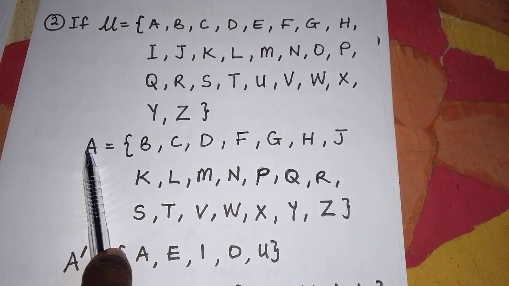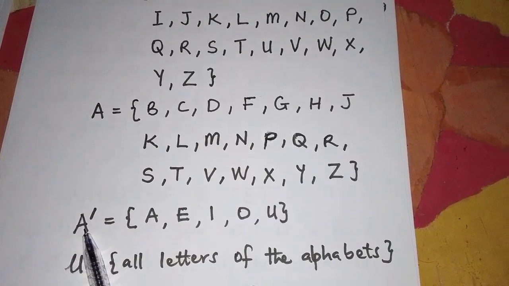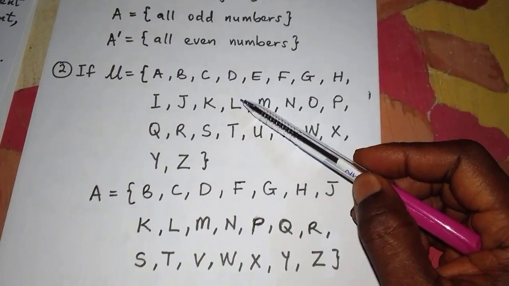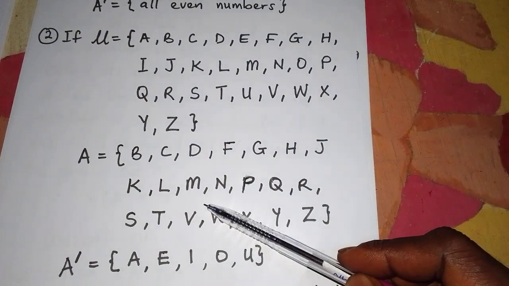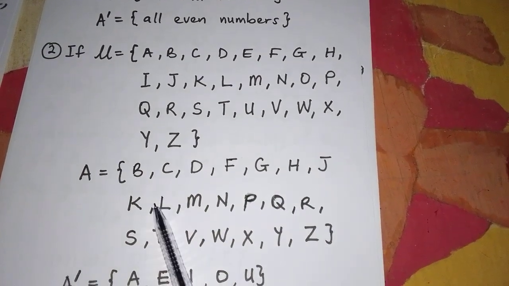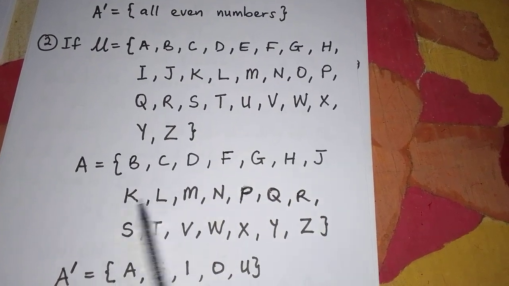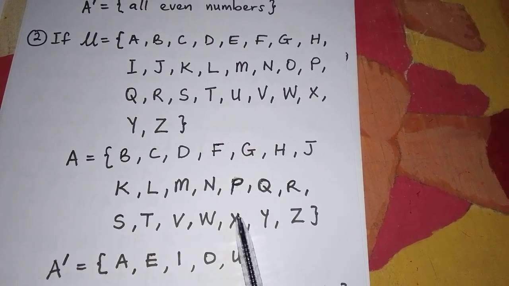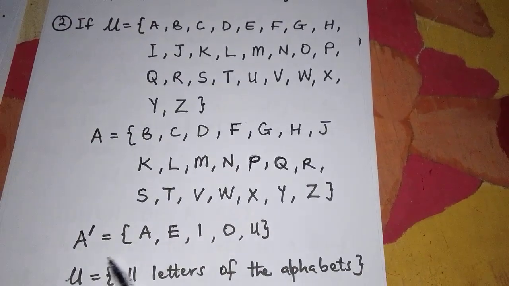So if that is what we have in set A, it means that the complement of A will be the vowels in the universal set, but not in set A. You can see that in set A we don't have vowels here, so we just have the consonants B, C, D, F, G, H, J, K, L, M, N, P, Q, R, S, T, V, W, X, Y, Z. So the complement of set A will be the vowels.